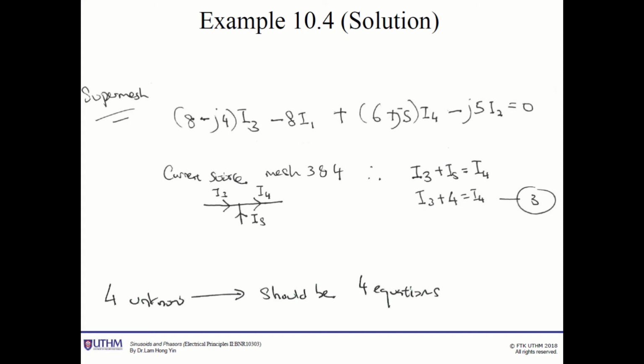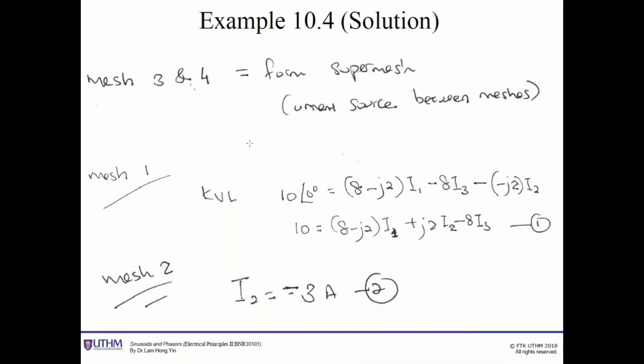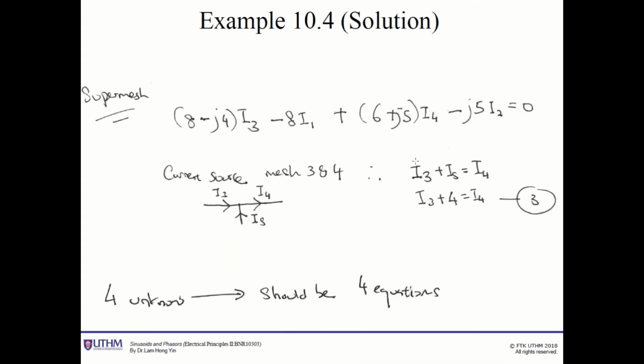By using nodal analysis, Kirchhoff current law at the super mesh, which is over here, point A. So we do the KCL at this point A. Then we get this equation: I3 plus IS equal to I4, where we draw the current flow like this. IS is, because there's a current source here, equal to 4 ampere. So we insert it into the equation.